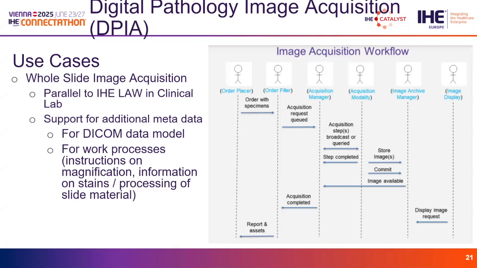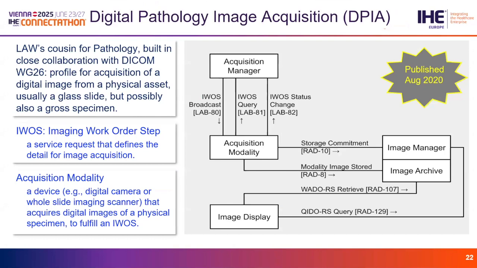Next slide. And these are the transactions in the DPIA that we're looking to test in the upcoming Connectathon, where we have software that runs the scanner working in two different modes with potentially multiple scanners or acquisition modalities.